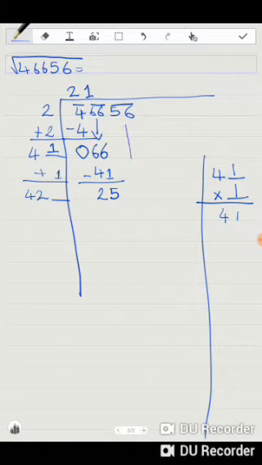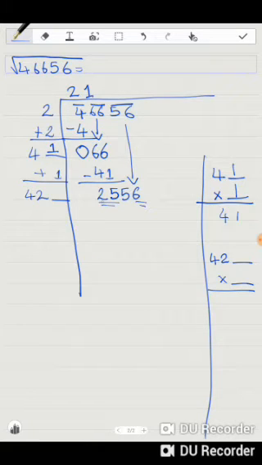Now I bring down my next pair of digits, 56. So now I'll ask myself, 42 dash into dash should give you a number less than or equal to 2556. Now see here, you can look at two things. One is the first two digits and the last digit.